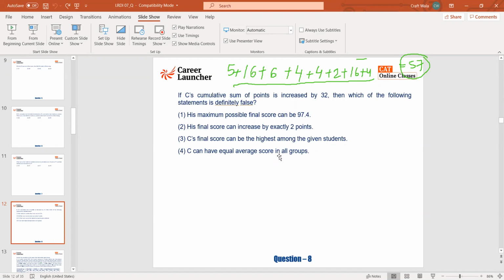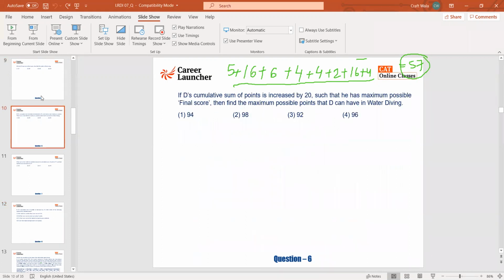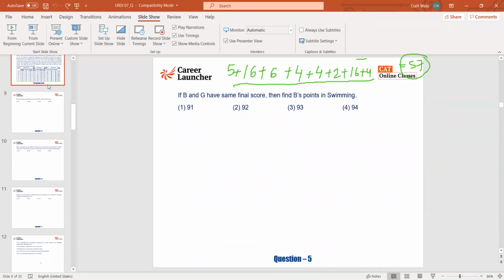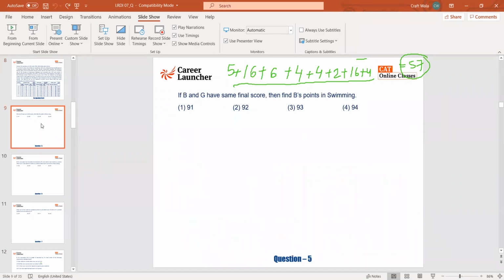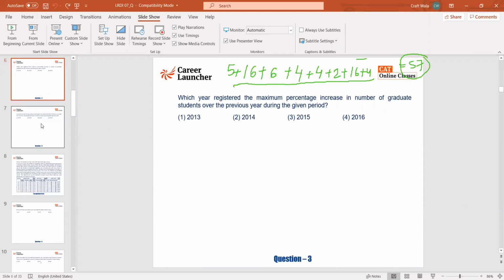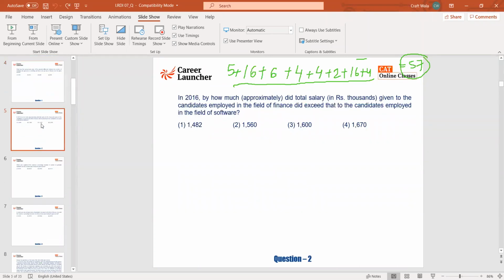So for that reason, my answer here becomes option 4. This is just based on identifying how many points are required to increase your final score by 1 point in any particular segment.